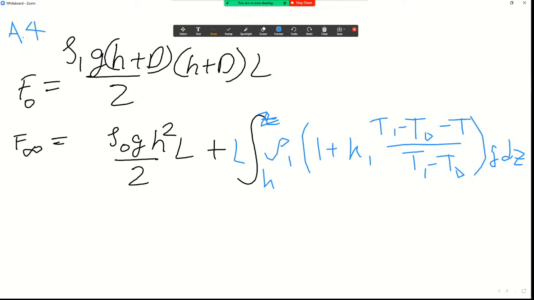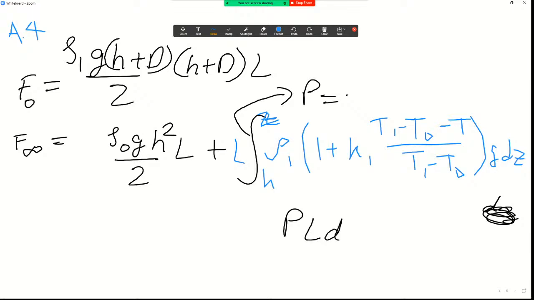What will that integral be? Into cross-sectional area. So one more time dz. Or let's say this is equal to P. And then we have P into L dz from H to H plus T. And this L we have to eliminate because for P it won't come.